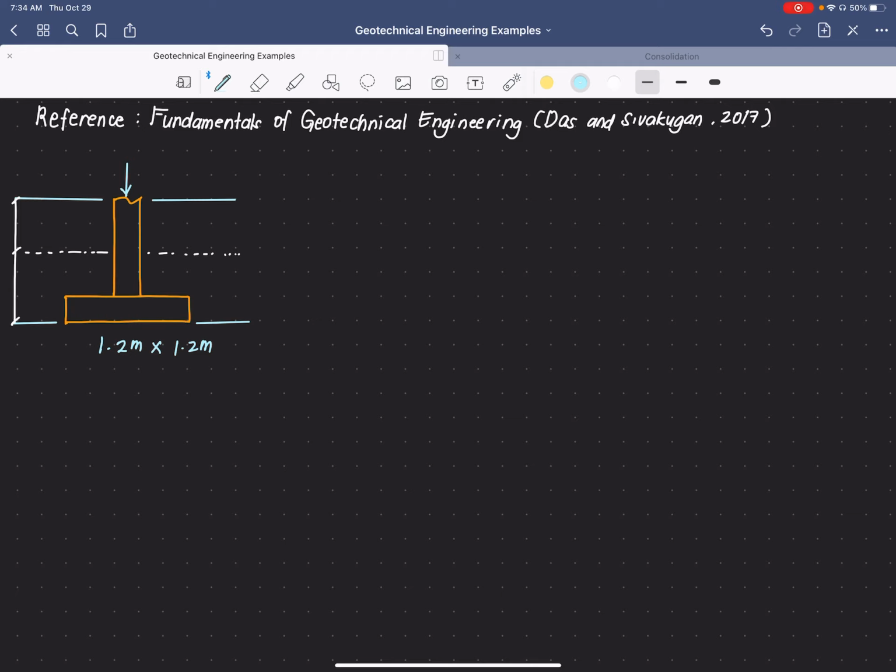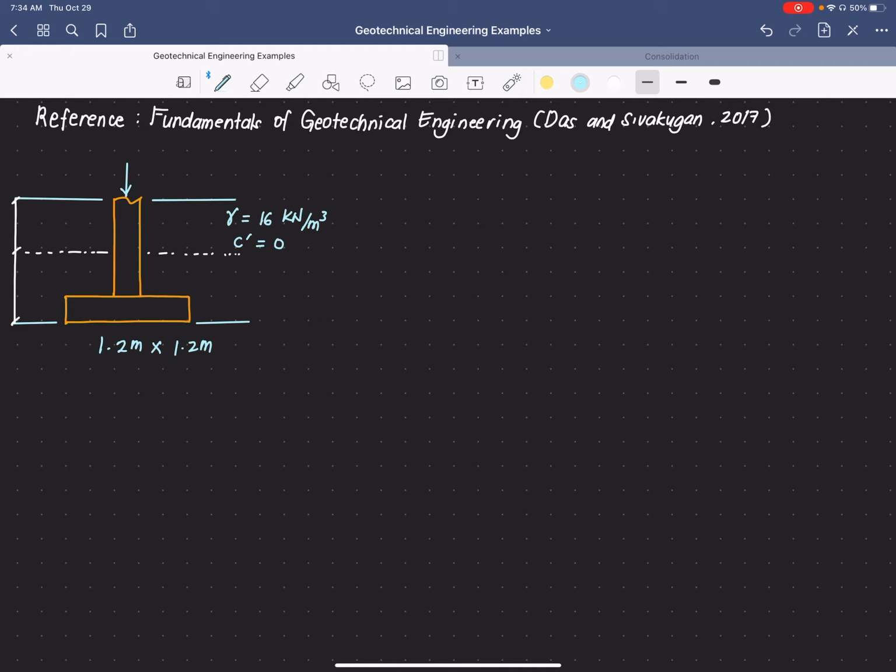The soil parameters are given as follows. We have the dry unit weight of 16 kilonewton per cubic meter. So the soil is cohesionless and C prime is equal to 0.